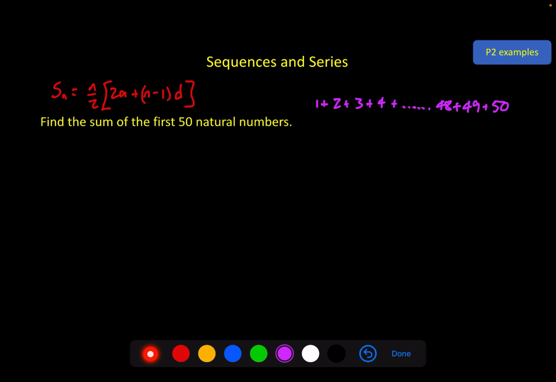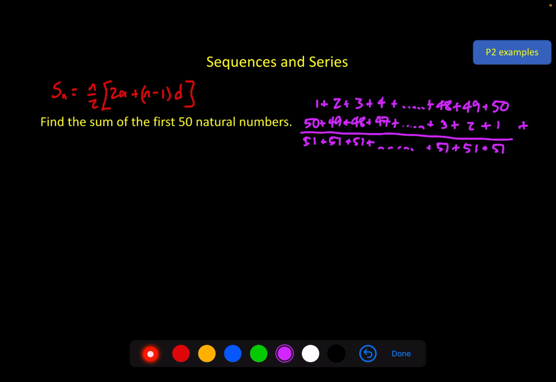Now here, I'm going to just reverse this to make it really, really clear for you. Because if I do what I had on the screen with the algebra previously, it's just a little bit more obvious when you do it with numbers that you get exactly the same thing. So we've got a 51, and a 51, and a 51, and a 51, and a 51, and a 51.